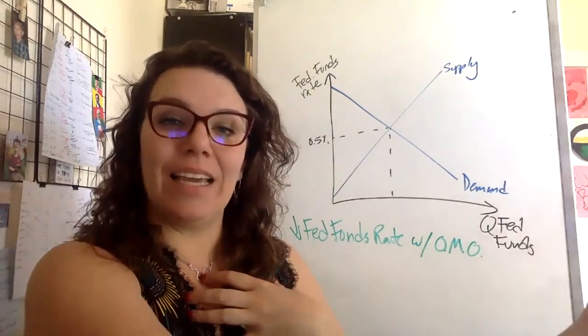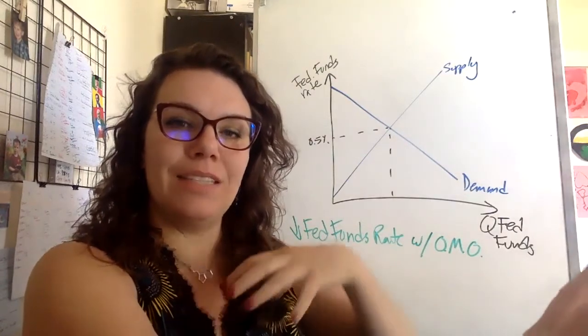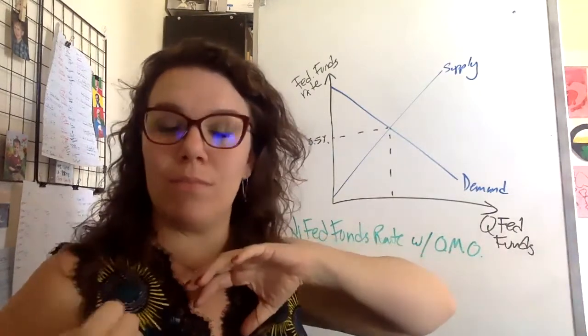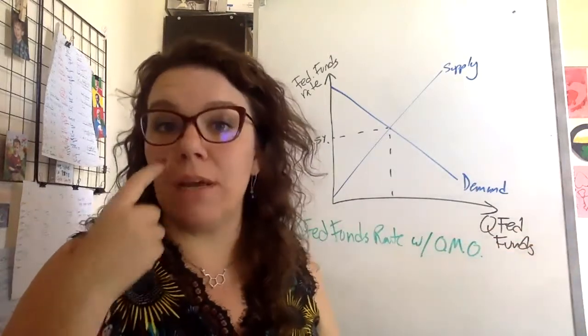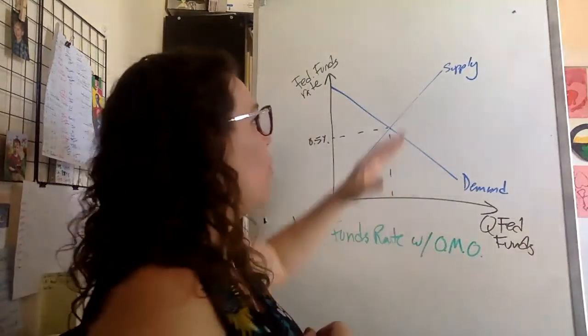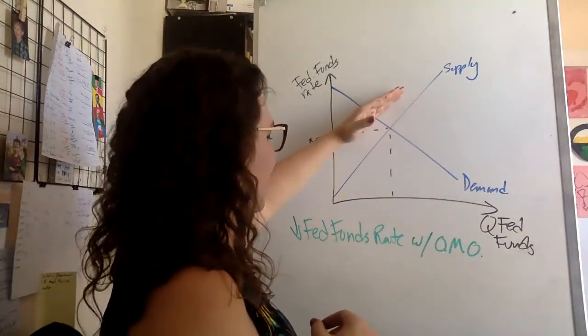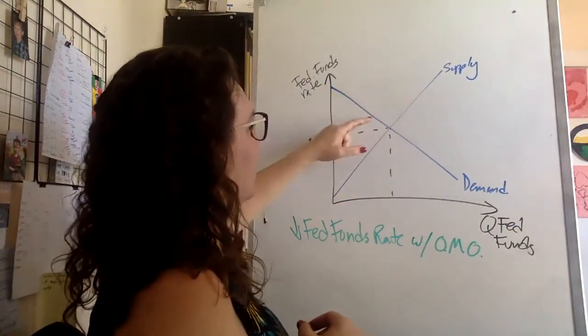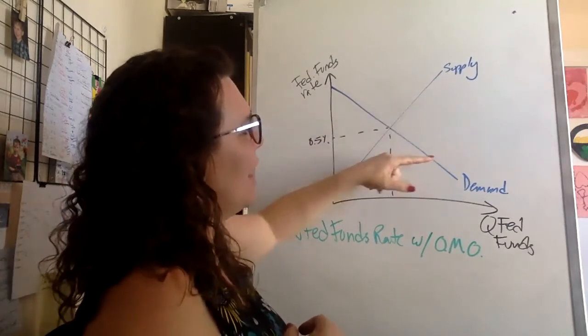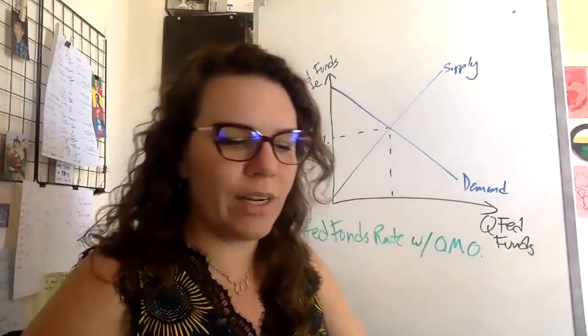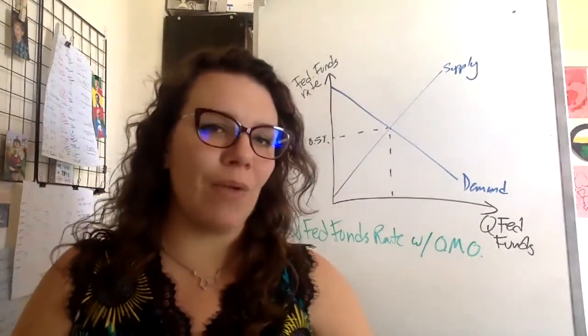If I'm selling, I am taking money out of the market and putting those assets in. So that's going to reduce the money supply. If I want to reduce the money supply, that's going to raise the federal funds rate. If I want to increase the money supply, that's going to lower the federal funds rate. And so you kind of have to do a little bit of backward math here.